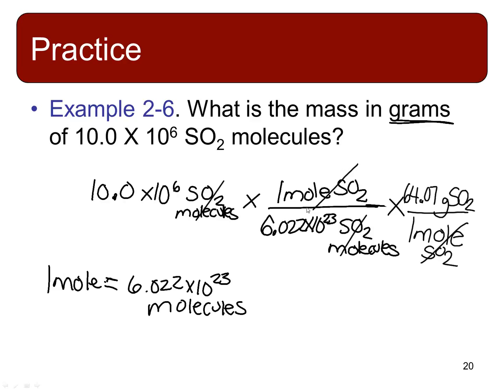Now we're left with grams in the numerator not canceled out. So we should get about 1.06 times 10 to the negative 15. Is that what you guys got? That's right.